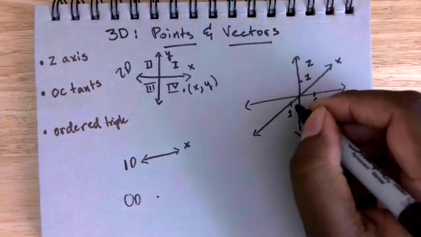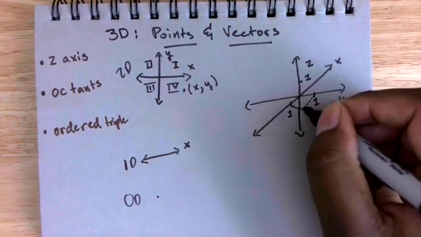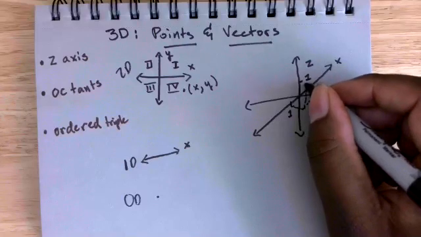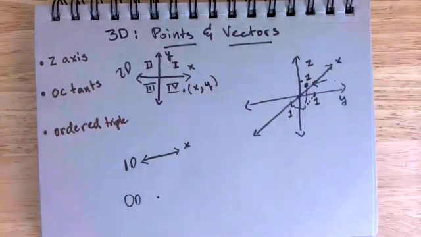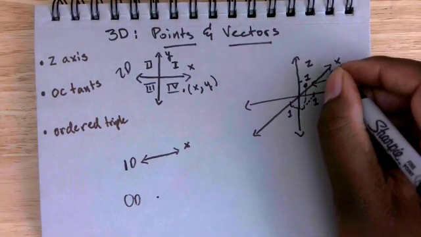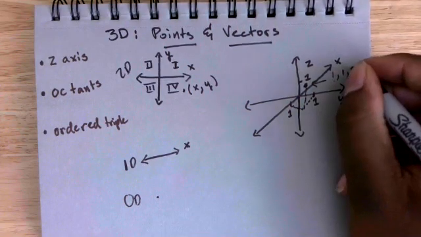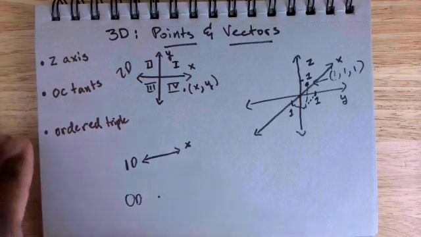And I want to find the point 1, 1, 1. All right, and then it would go up here. So it'll be right about here. This point, we call this point 1, 1, 1. Its x value is 1, its y value is 1, and its z value is 1. It's an ordered triple.